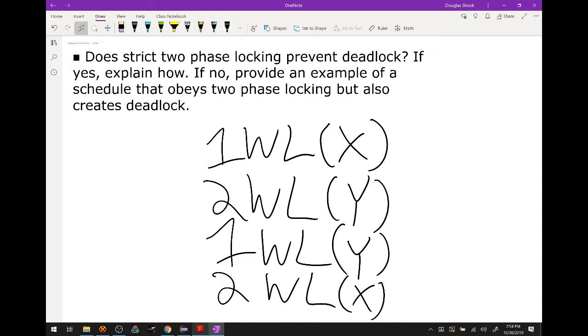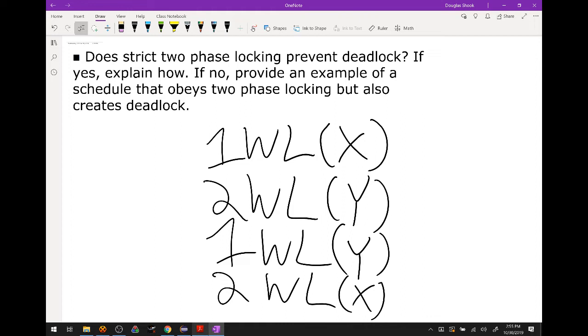So it's a subtle distinction. I'm making the claim that for strict two-phase locking, acquiring the locks happens within the transaction. Conservative two-phase locking says I'm acquiring those outside of the transaction, before the transaction begins.